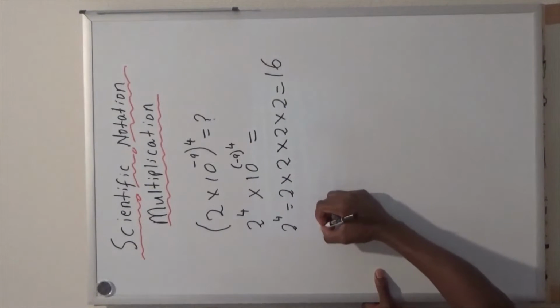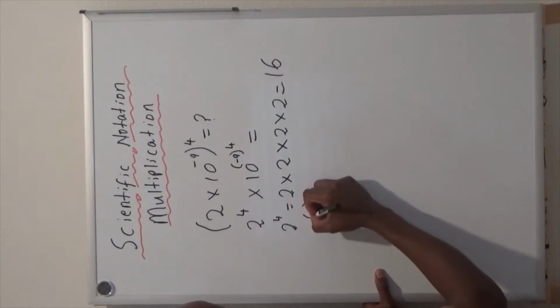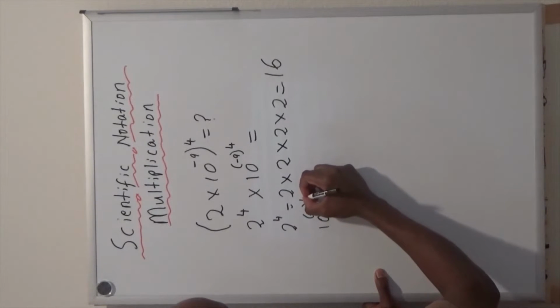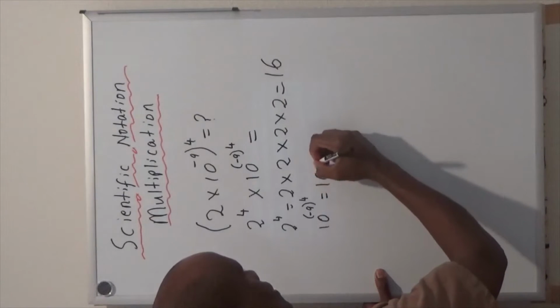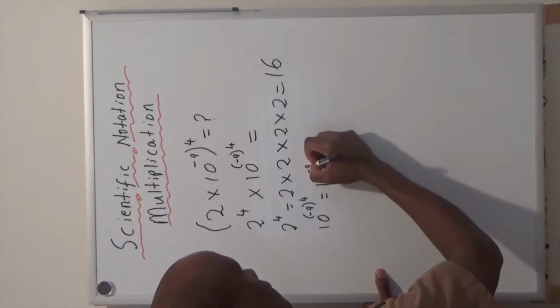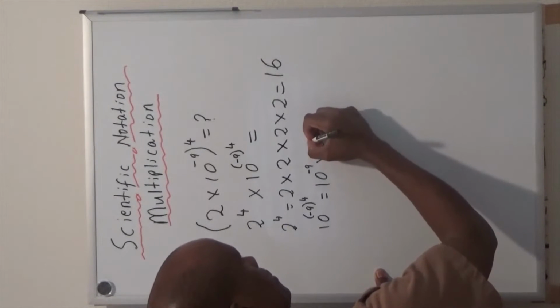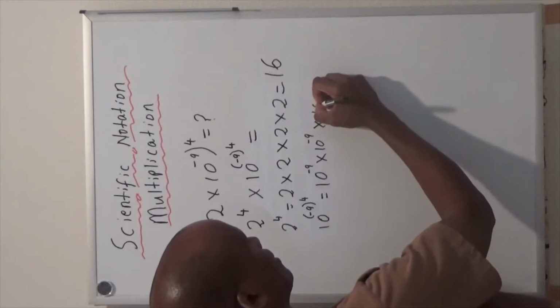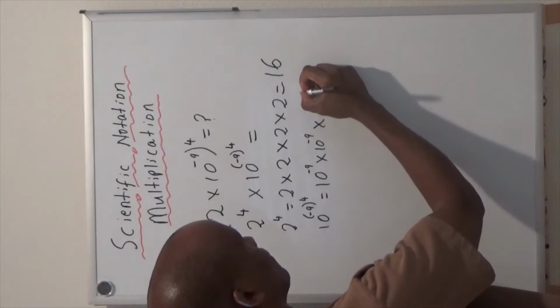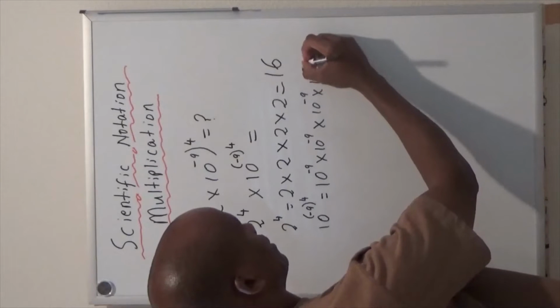Then 10 to the power of minus 9, to the power of 4, is the same as 10 to the minus 9 times 10 to the minus 9 times 10 to the minus 9 times 10 to the minus 9.